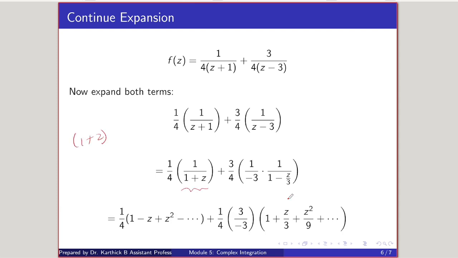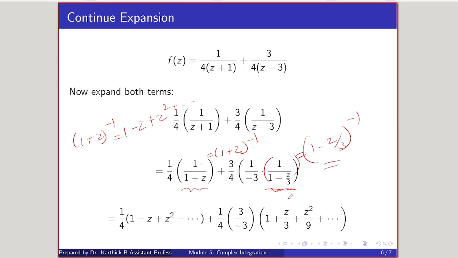(1 plus z) whole power minus 1 will be, because this can be written as (1 plus z) whole power minus 1. Same as this, this term can be written as (1 minus z by 3) whole power minus 1, this term alone. So we can apply the formulas directly. 1 minus z plus z square, it goes on, the same as in the previous case.